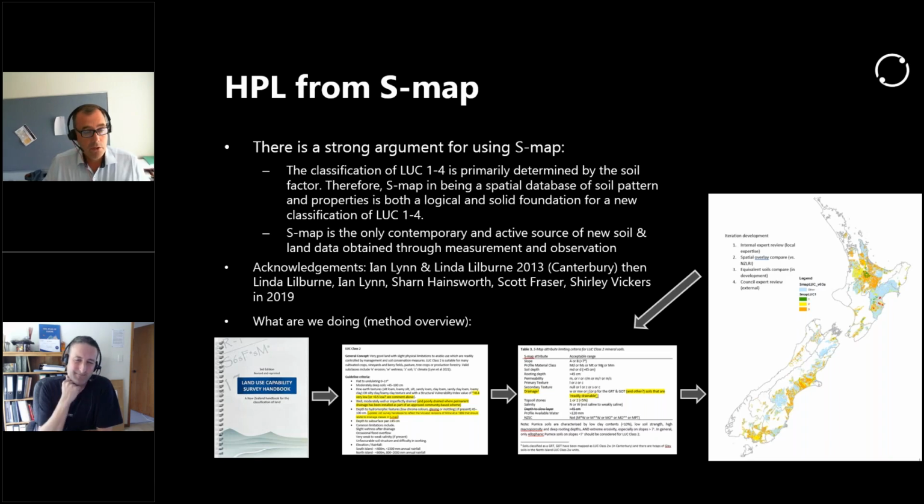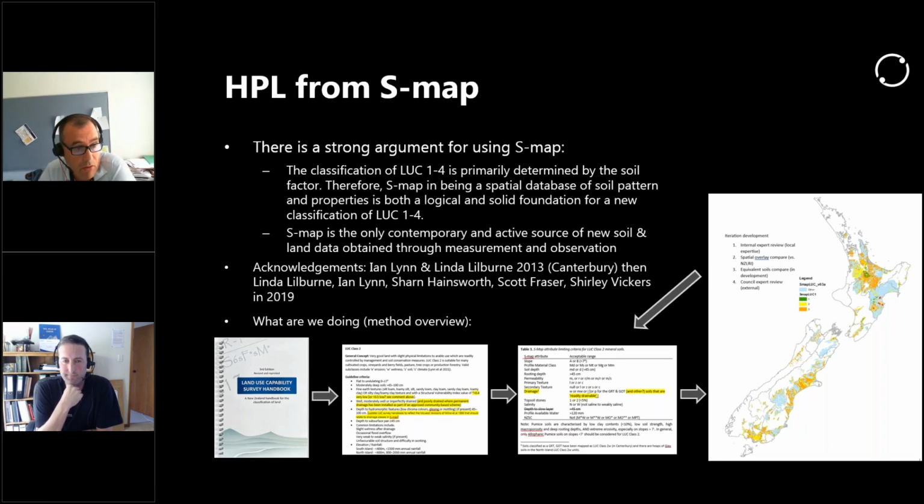Okay, there is actually a strong argument for what we're doing. For LUC classes 1, 2, 3, and 4, so basically the arable group of LUC classes, it's actually the soil factor that is the single most determining factor in most cases for classifying LUC. So SMAP is a very strong logical starting point.